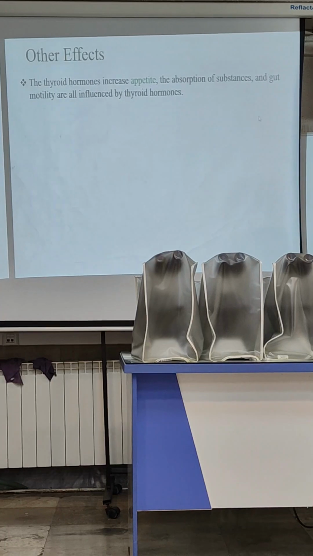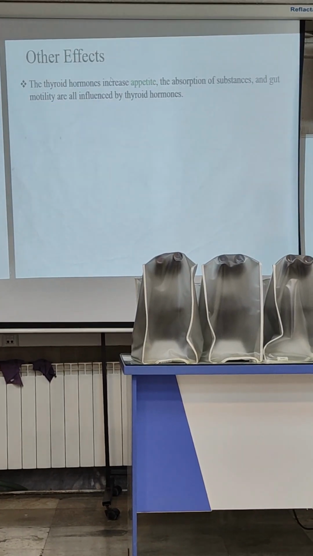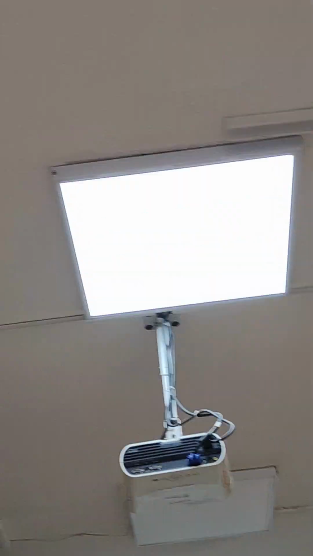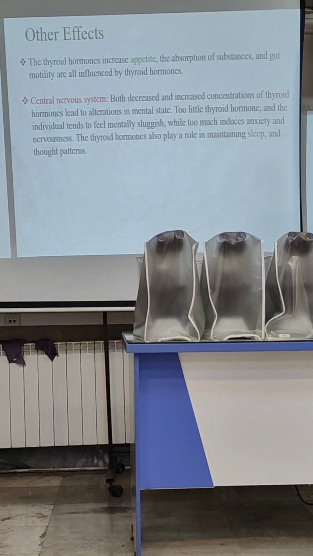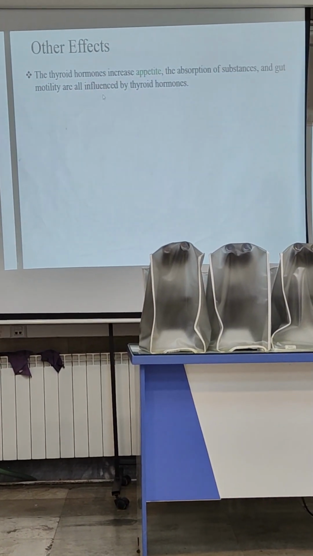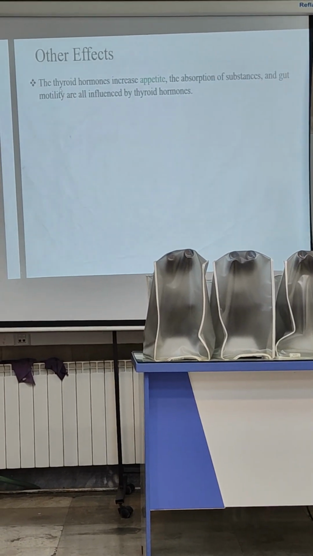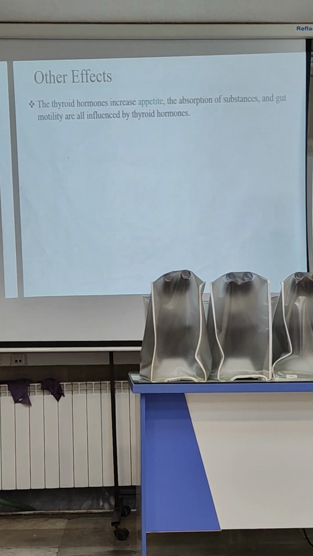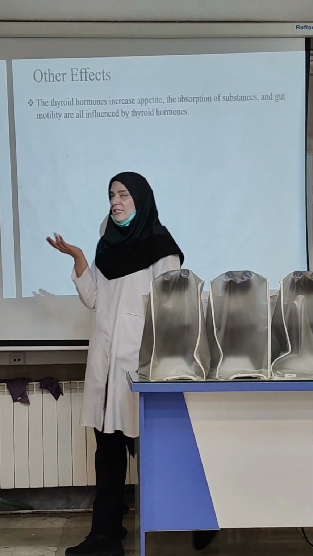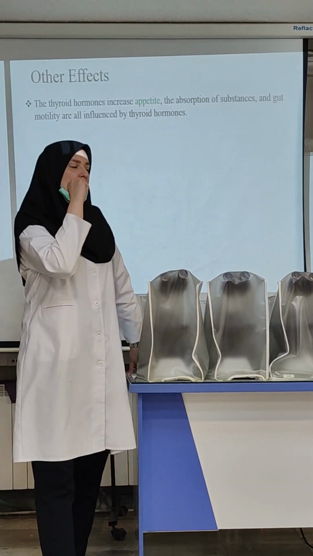Now, other effects, for example: this hormone can increase the appetite. And also, please pay attention, thyroid hormone can affect the gut motility, and there is a direct relation between the gut motility and thyroid hormone. I want to ask you a question.